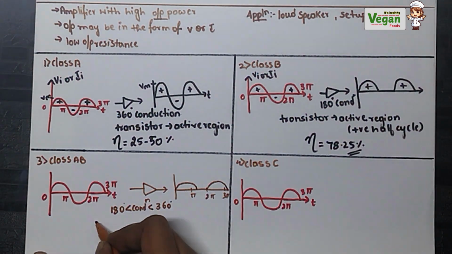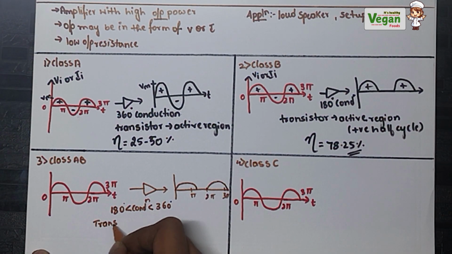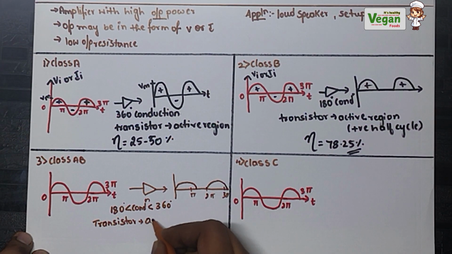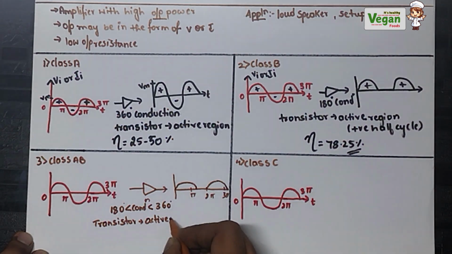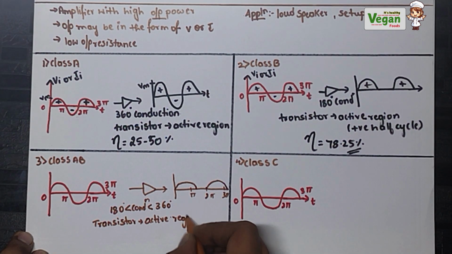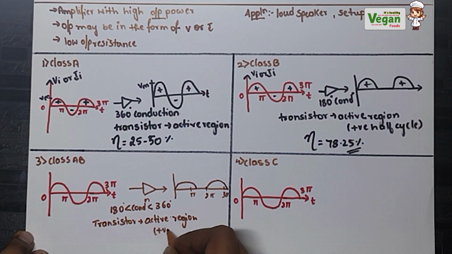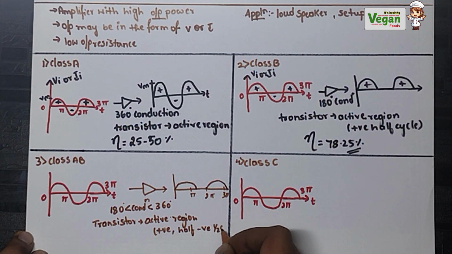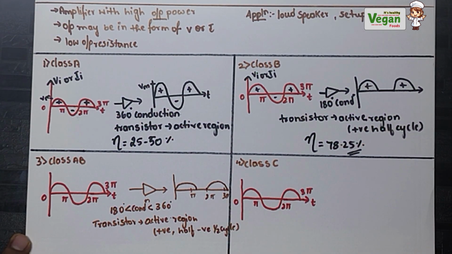The transistor will be completely in the active region for the full positive half cycle and half of the negative half cycle. Therefore, more than 180 degree conduction and less than 360 degree conduction.